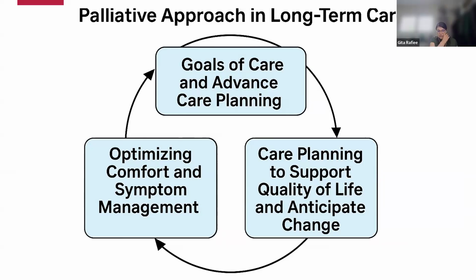This helps teams focus on what matters the most: ongoing symptom management, communication with residents and families, knowing the person over time, and planning ahead while responding to changes. Ultimately, our goal is to make palliative care everyone's responsibility, not just something we do at the end of life or when specialists are involved. Next, please.